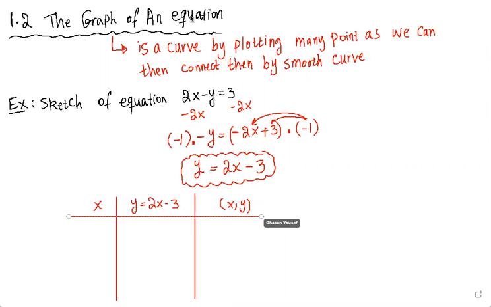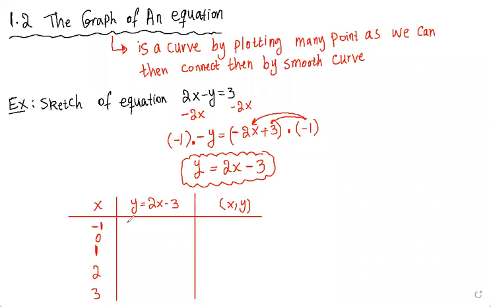Which points would you like to choose here for x? Can you give me random points? 1, 2, 3. Let's take negative numbers too: 0 and minus 1. So these numbers, you plug inside the equation for y. Then we get the points, x and y. So plug the minus 1 inside the equation.